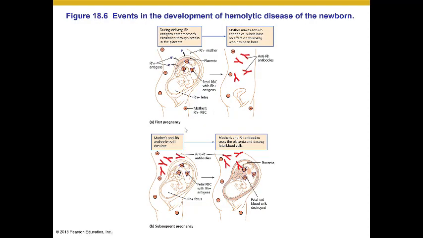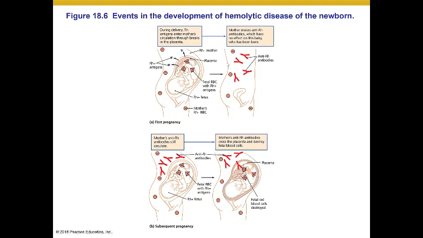So in this case, the mother is Rh negative. That means her red blood cells do not have the Rh antigen on their surface. And in her first pregnancy, she has a fetus that is Rh positive. So the baby's red blood cells do have Rh antigen on their surface.